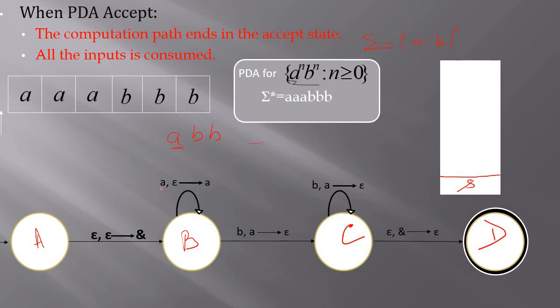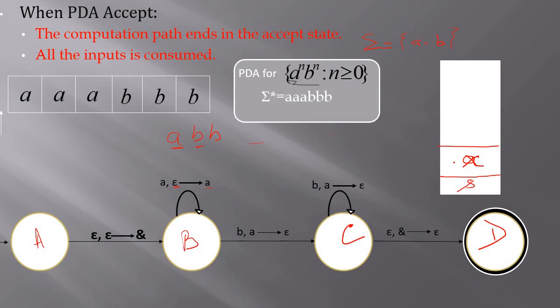If A comes, you pop nothing, but you push A. So here A comes, it says just push. After A there is another B. When there is a B, you have to pop A and push nothing. So yes, there is a B, we remove A.